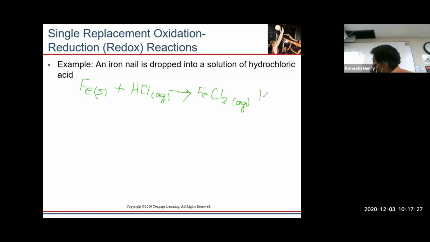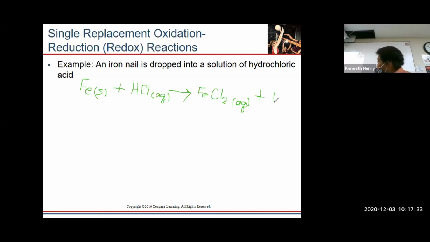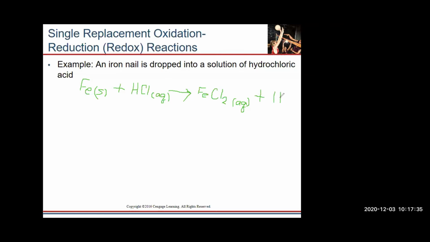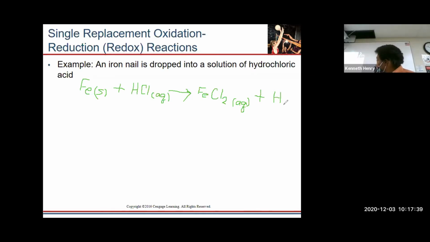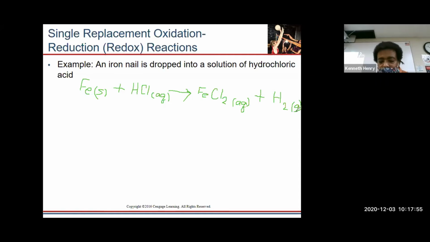And then what is going to be the other product? Is it just going to be H by itself? Hydrogen. H2, right? Because we know that hydrogen is diatomic. There we go. Okay, is it balanced? No. So what do we need to do to balance it?